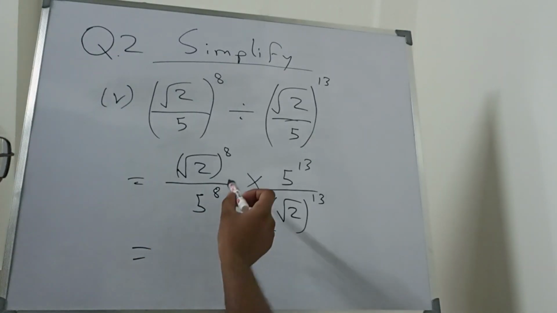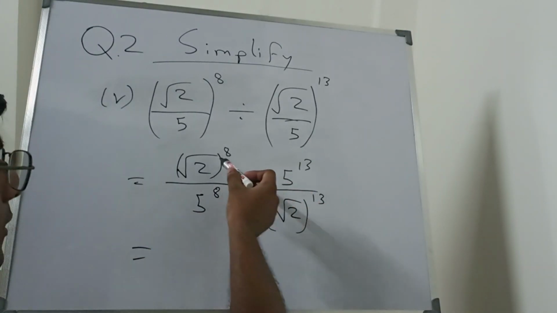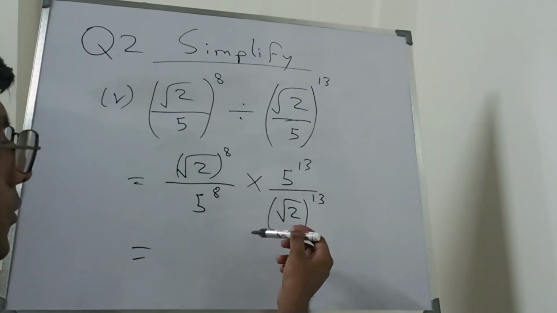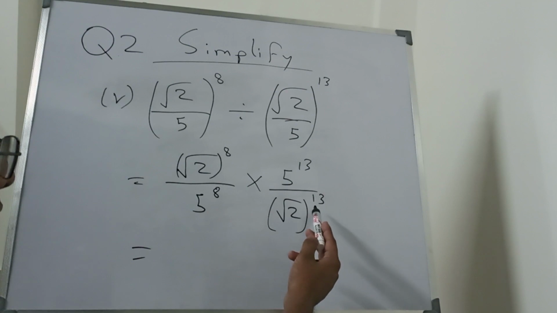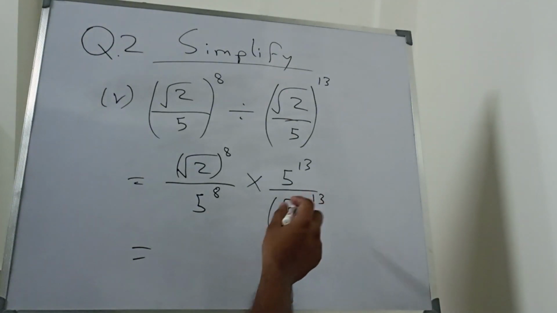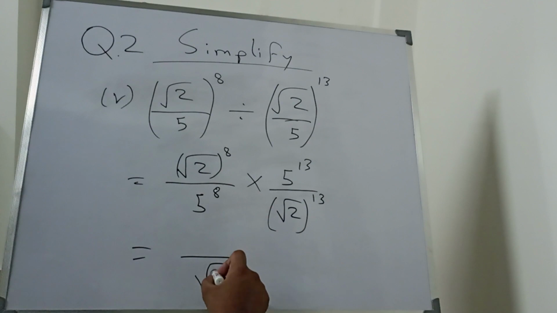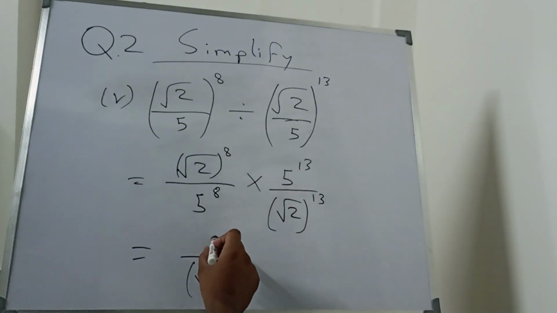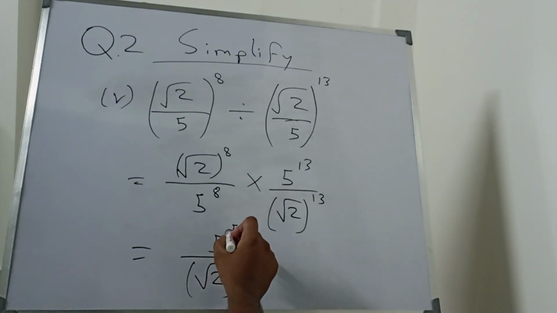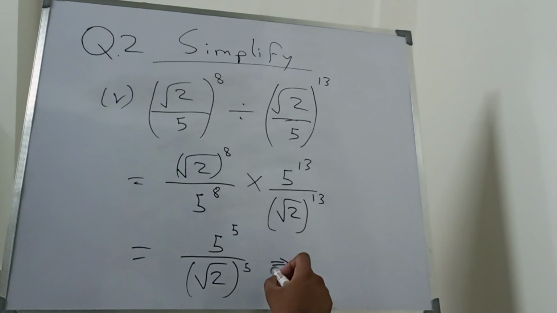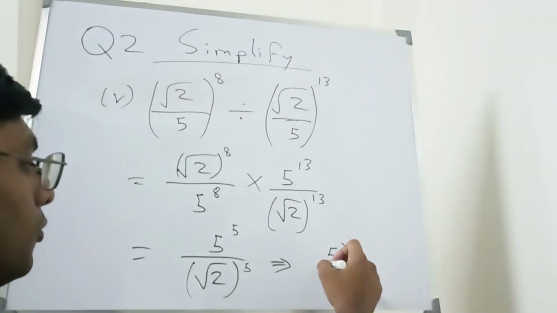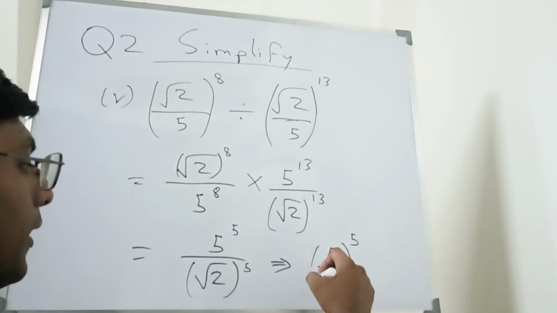If I bring this to the denominator, it becomes root 2 raised to the power 5, and then the 5s get cancelled, so that is 5 raised to the power 5. You can also write this as 5 divided by root 2, whole to the power 5.